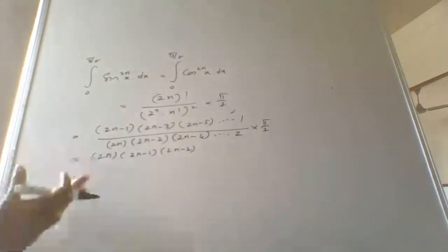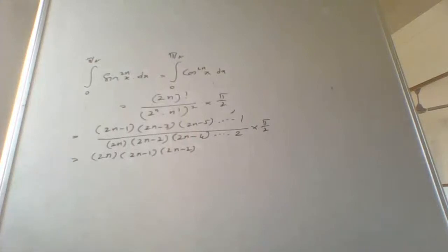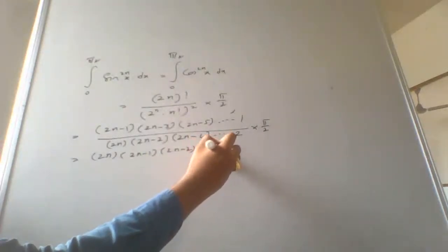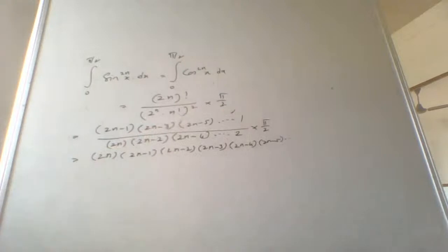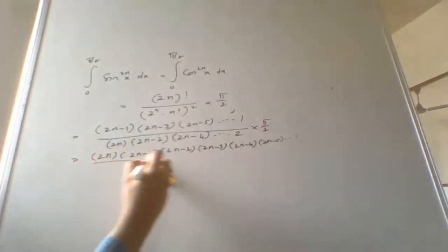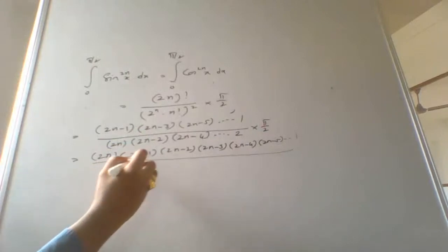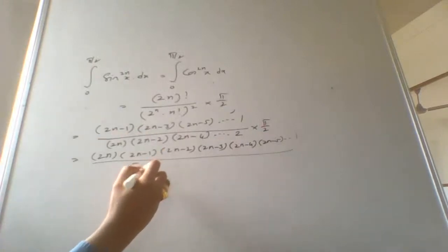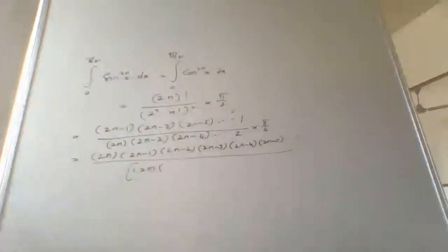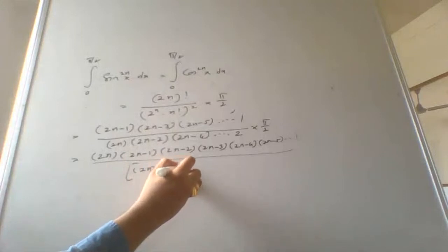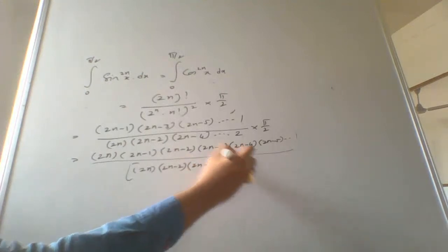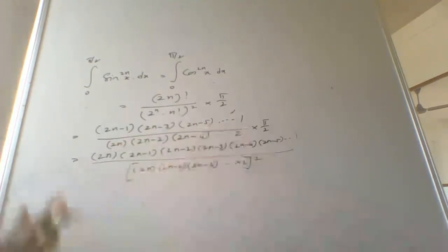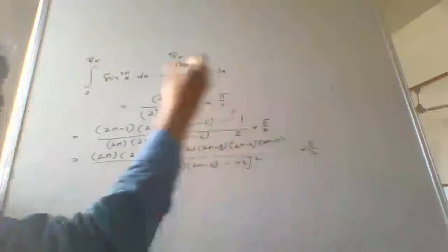What I am supposed to do is multiply and divide by these things: 2n minus 3, 2n minus 4, 2n minus 5, into 1 divided by, again I am multiplying that, so I get 2n, 2n minus 2, 2n minus 4 and 2, whole square, which I had to multiply and divide by. So into 2 into pi by 2.